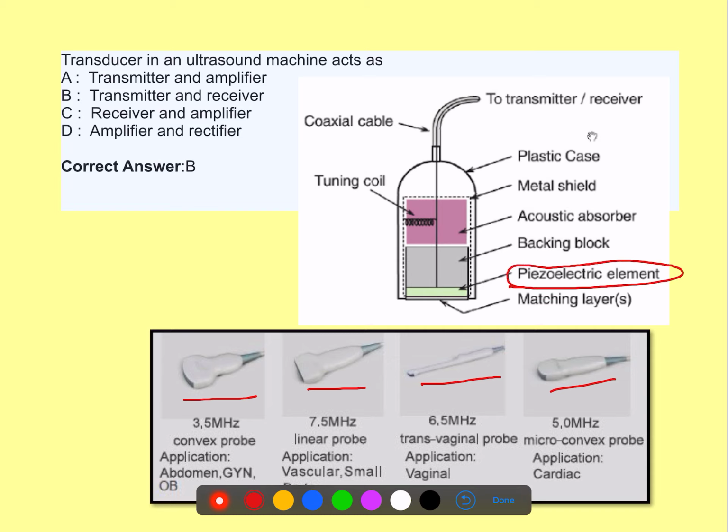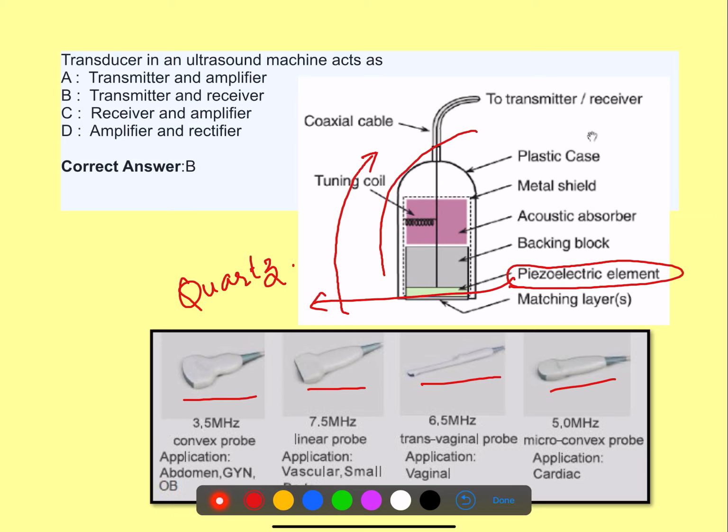These piezoelectric elements are mainly made up of quartz. Because of these piezoelectric crystals, it can transmit the sound and receive the sound. Hence the transducer in an ultrasound machine acts as both transmitter and receiver.